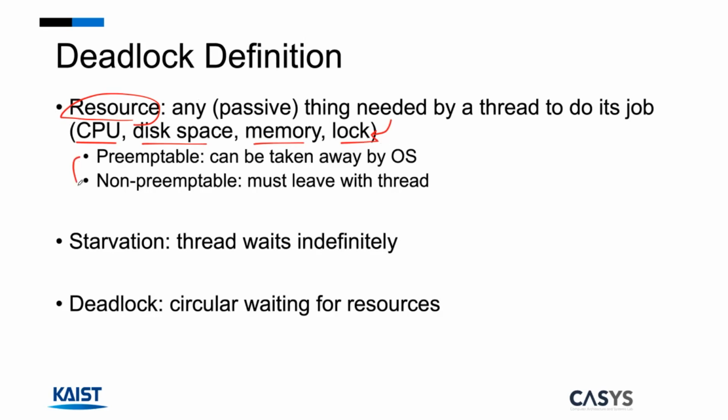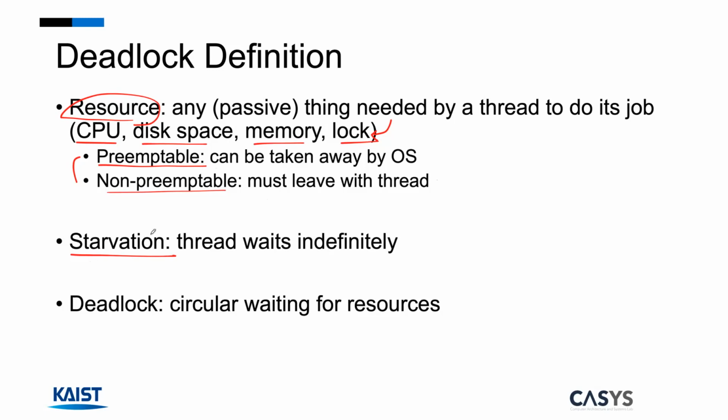There are two types of ways to hold a resource: preemptive and non-preemptive. In the preemptive way, the operating system takes the resource away anytime if necessary, and in the non-preemptive way, the resource always stays with the holding thread.